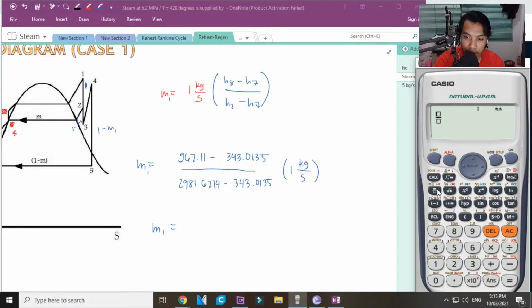Ano natin to? 962.11 minus 343.0135 over 2981.6214 minus 343.0135. That is M1. Tingnan natin si M1 niya.